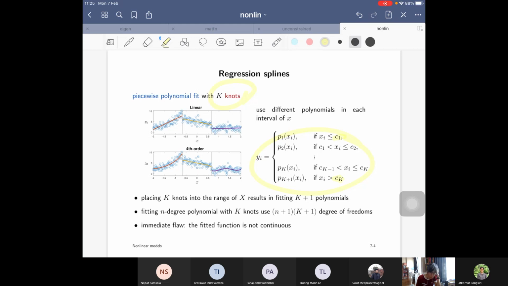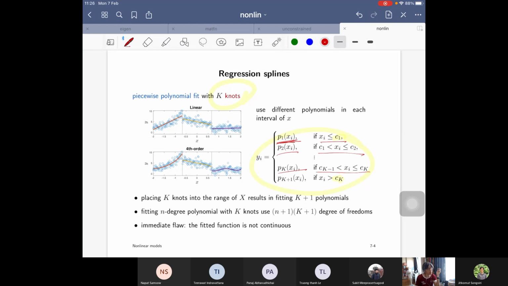So how many polynomials will be fit? K plus 1, right? Each of the polynomials, this is polynomial 1, sometimes called the first piece in terms of how they refer to it in computer libraries. Piece 1, piece 2, and so on, defined on different regions of x.